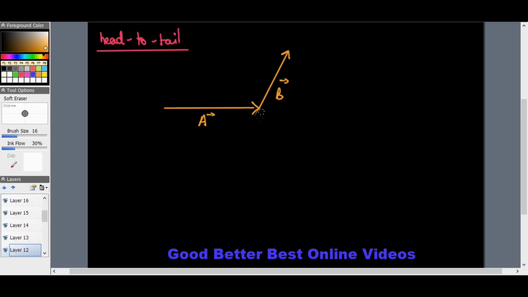I start drawing the tail of my next arrow, which is my other vector, at the head of the first one. So the head of the first is touching the tail of the second. And then the resultant would obviously be this entire thing over here. Let me undo that.